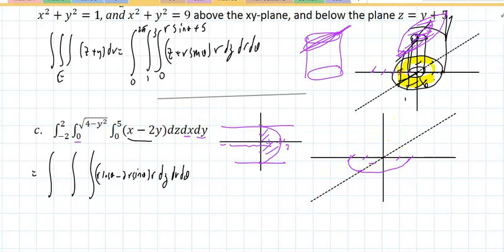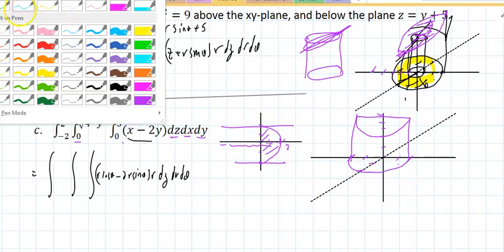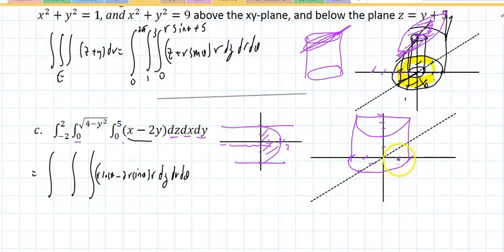So this region should continue. And I noticed that z runs between 0, which is the floor, and 5. And there it is. Half a cylinder. Well, that's easy to do. I know that z runs from 0 to 5 still. That's not a problem.